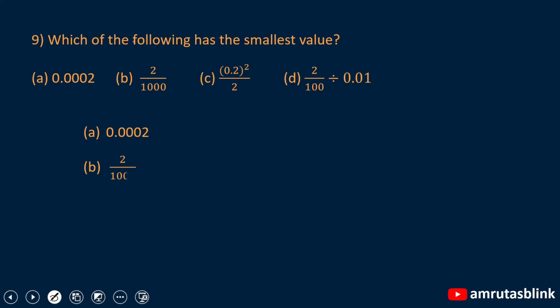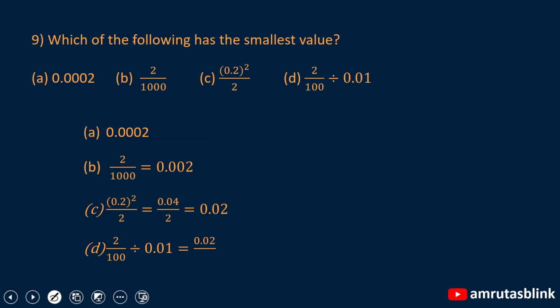Now option B is 2 upon 1000. 2 upon 1000 means 0.002. Now option C is 0.2 square divided by 2. 0.2 square is 0.04, divided by 2, that is 0.02. And option D is 2 divided by 100 divided by 0.01.